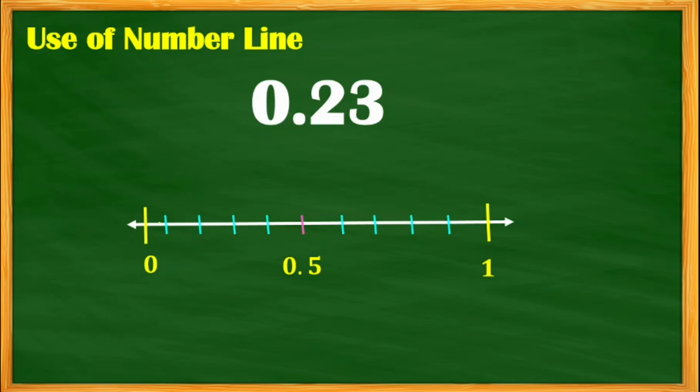So this will be 0, 1 tenth, 2 tenths, and then this would be 1, 2, 3, and this would be right here. So this would be the visual representation of 23 hundredths using a number line.